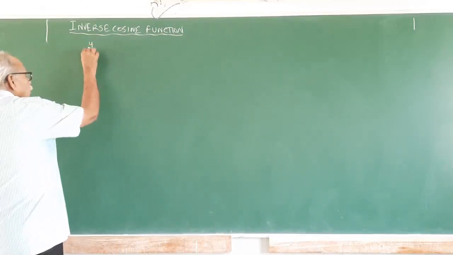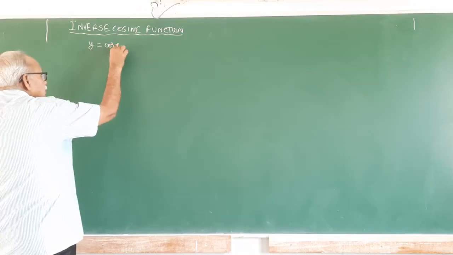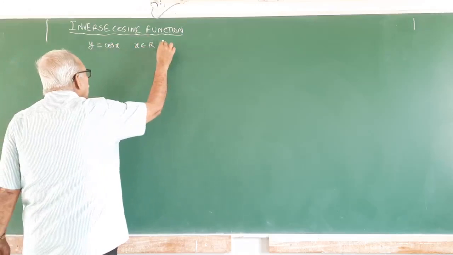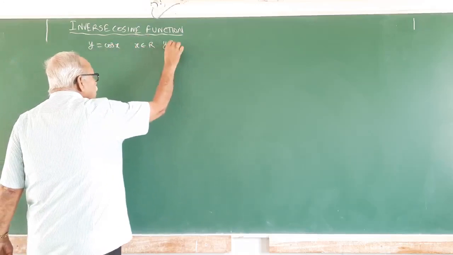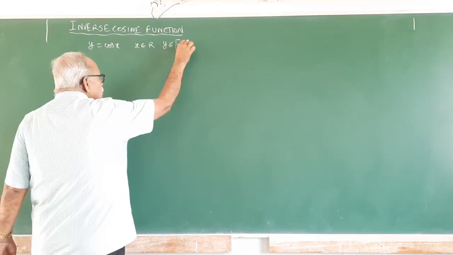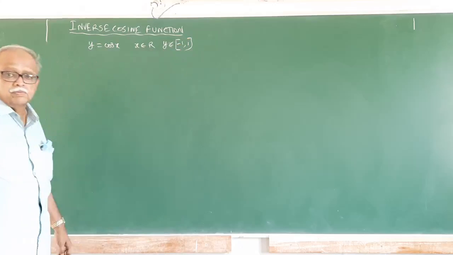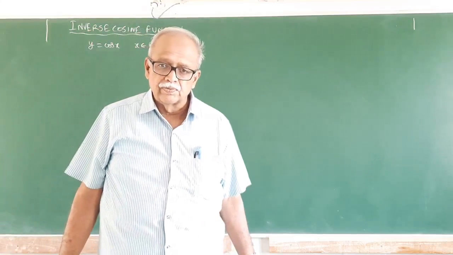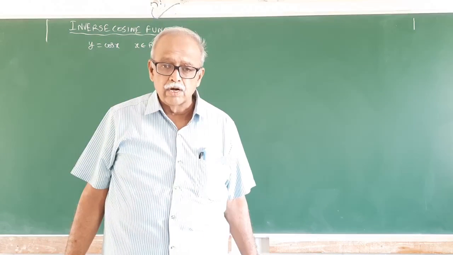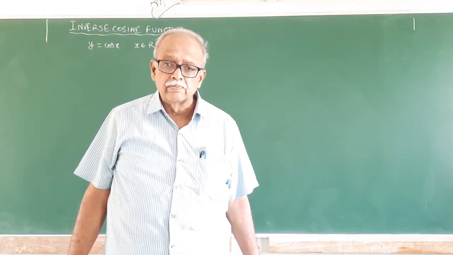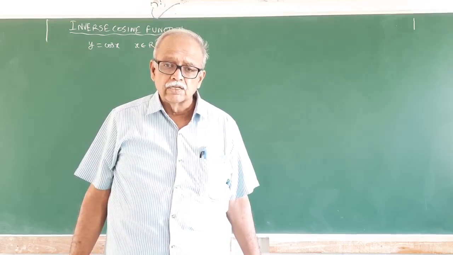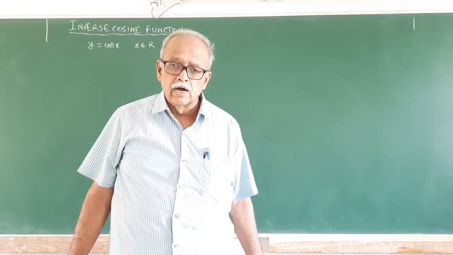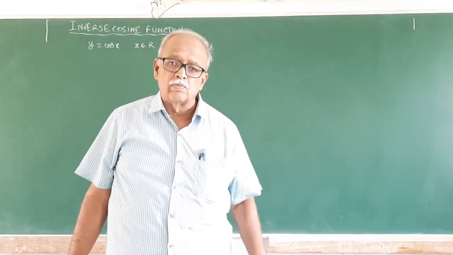Now here y is equal to cos x, where x belongs to the reals and y belongs to the closed interval -1 to 1. So the domain of the cos function is any real number. But on this real number domain, the cos function does not behave as a 1 to 1 and onto function. So we have to restrict the domain.